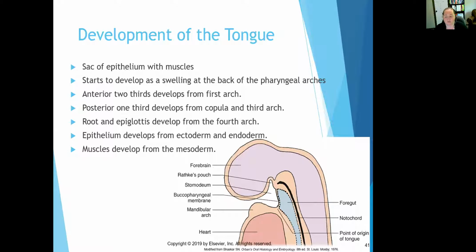The epithelium develops from the ectoderm and the endoderm. And I know in your book it does say entoderm. Ento and endo are kind of interchangeable sometimes. Endo is more common. And the muscles develop from the mesoderm.